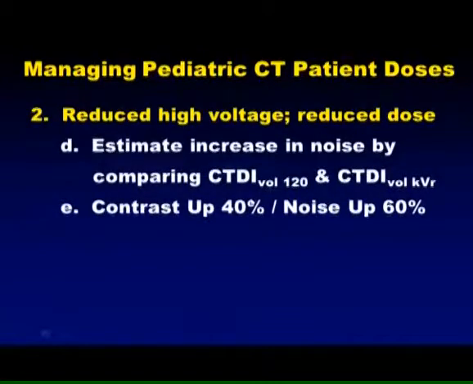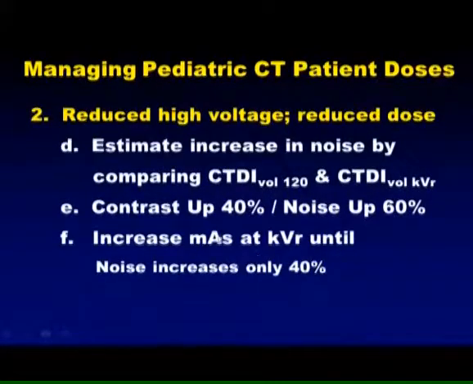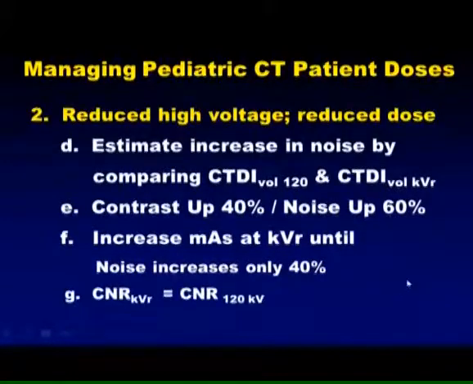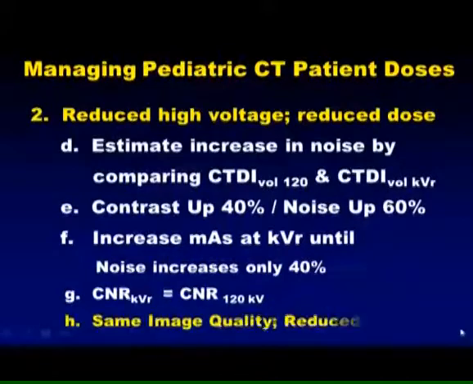Well, I want the contrast to noise ratio to be the same, so I want to reduce my noise, and I do that by increasing my mass until my noise increase is 40%. So my contrast went up 40%, my noise went up 40%, my contrast to noise ratio is unchanged relative to what it was originally. So I've essentially maintained my image quality, and I've reduced my dose. So you can use either scheme.